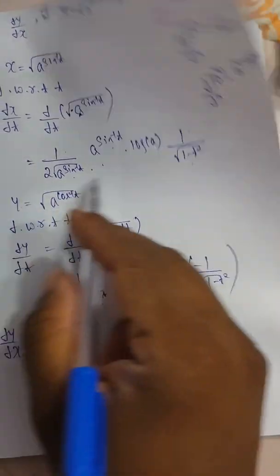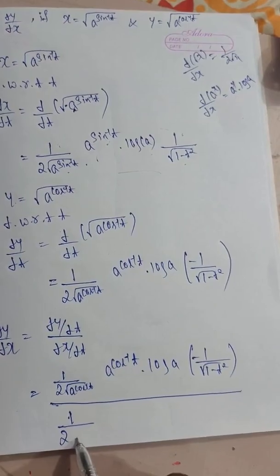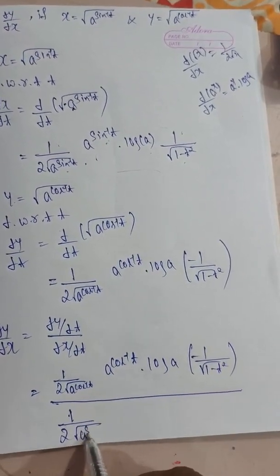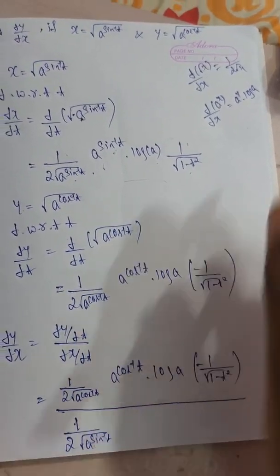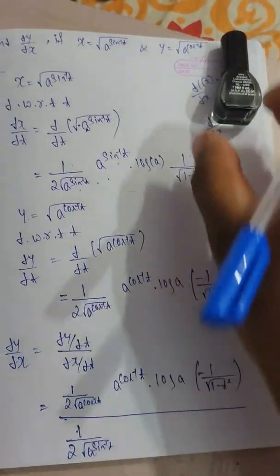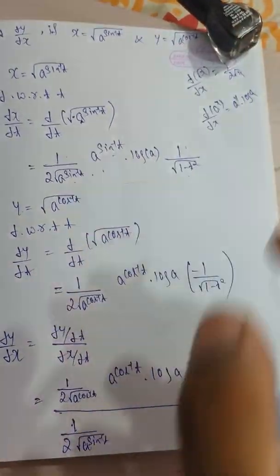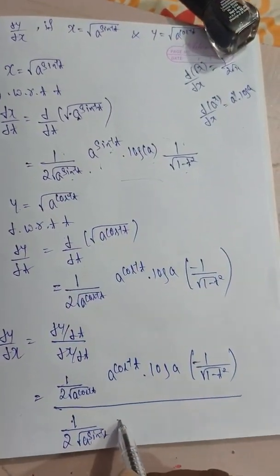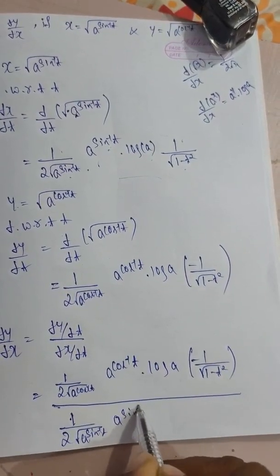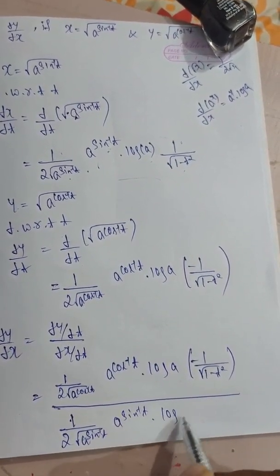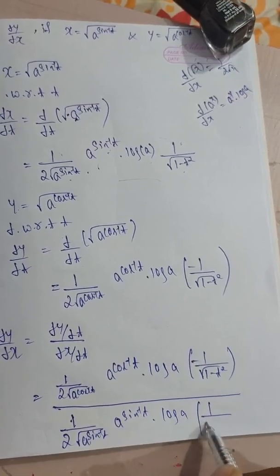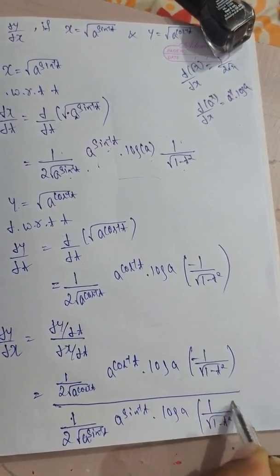Here we have 1 by 2 root of a to the power of sin inverse t, into a to the power of sin inverse t into log a, into 1 by root of 1 minus t square.